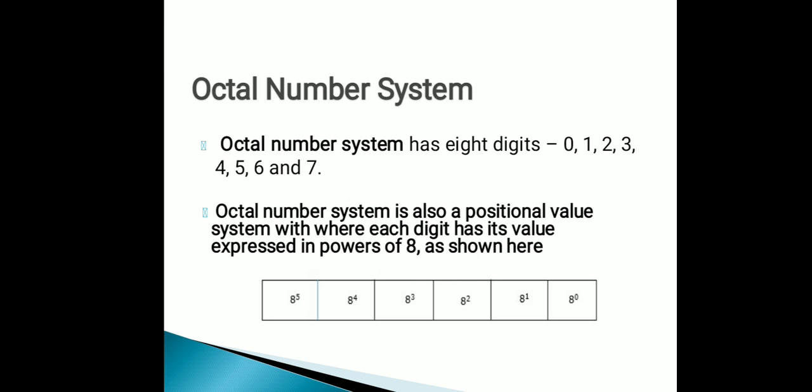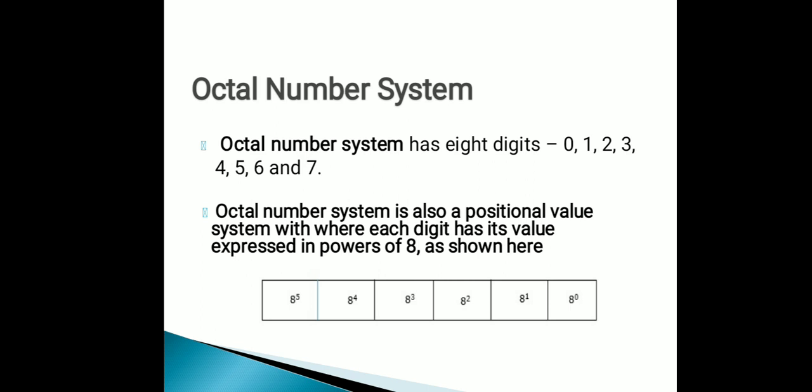The octal number system has 8 digits, that is 0, 1, 2, 3, 4, 5, 6 and 7. Since it has 8 digits only, the base of the octal number system is 8.